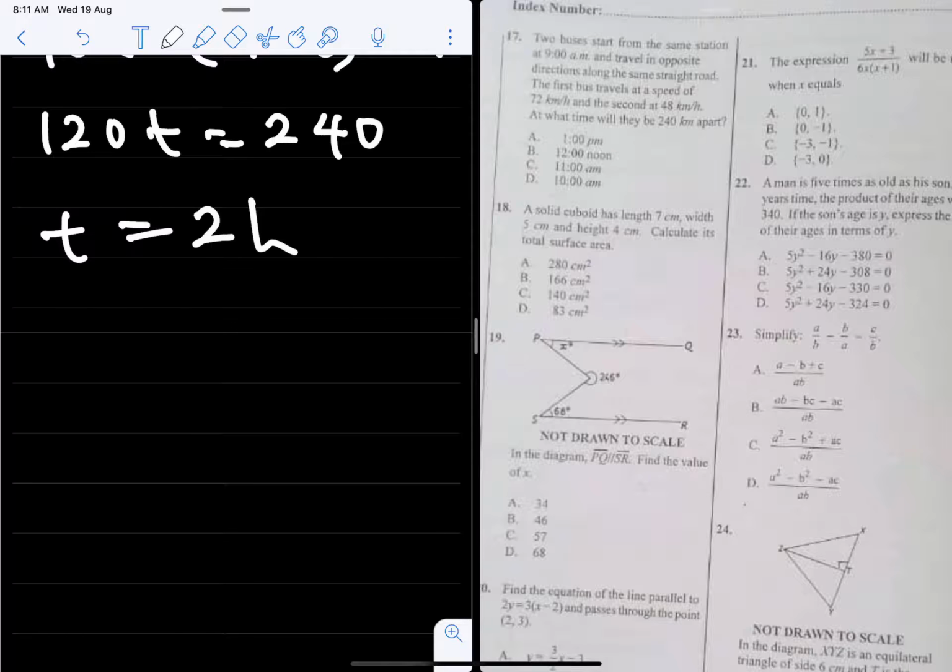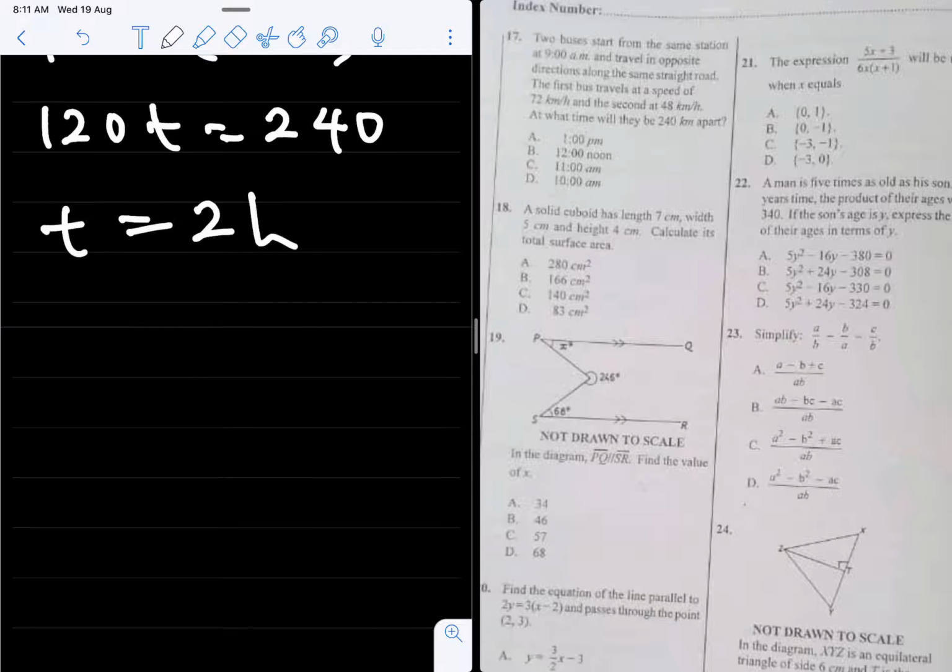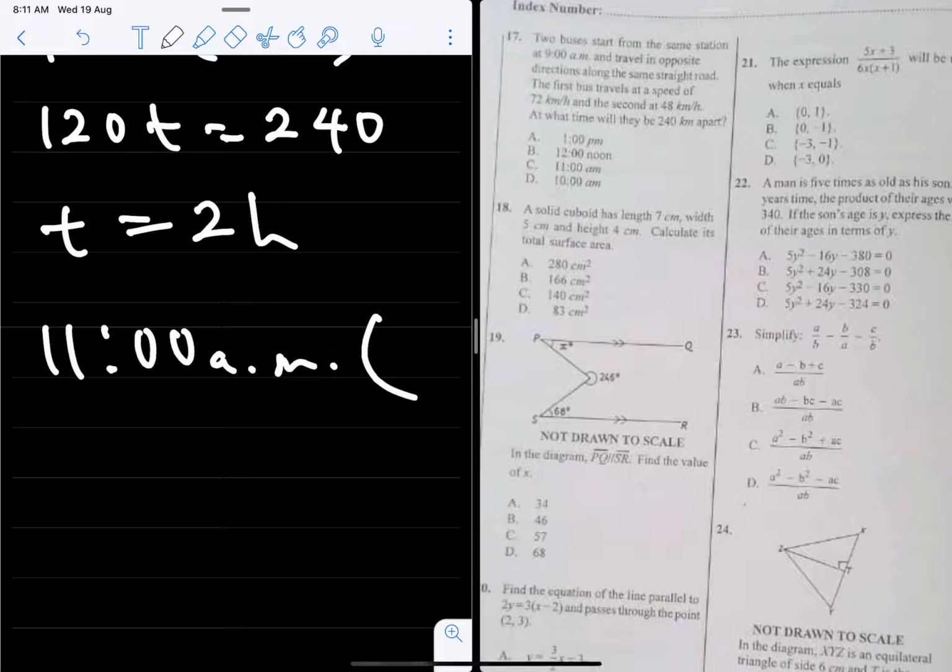So the time when they are 240 kilometers apart will be 9 plus 2, which is 11 a.m. That means they were 240 kilometers apart after 2 hours, and 2 hours from 9 a.m. is 11 a.m., which is option C.